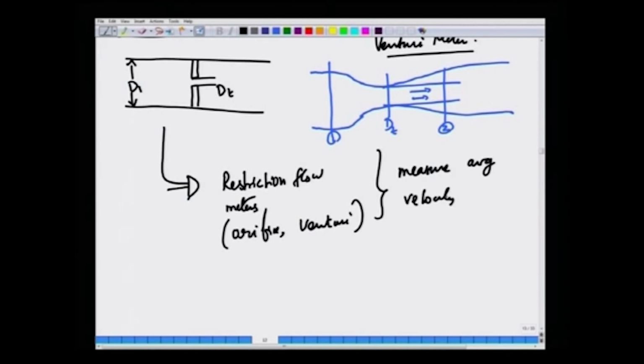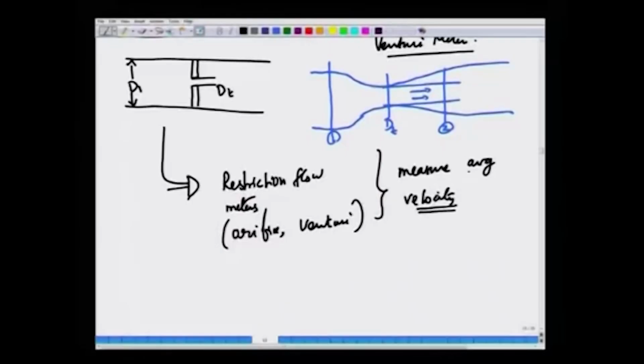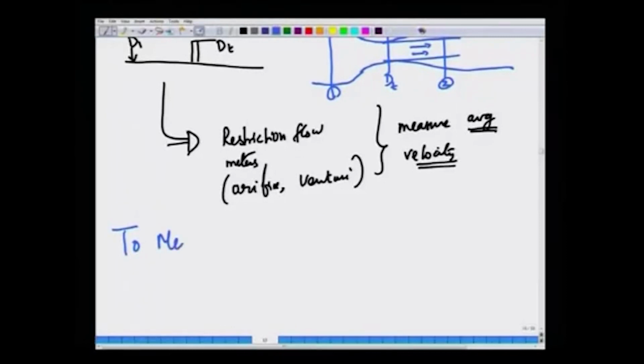They do not tell you what is the velocity at each and every point across the cross section of a pipe, they measure only the average velocity. So, if you want to measure the point-wise velocity, you cannot use restriction flow meters to measure velocity at each point in the fluid.